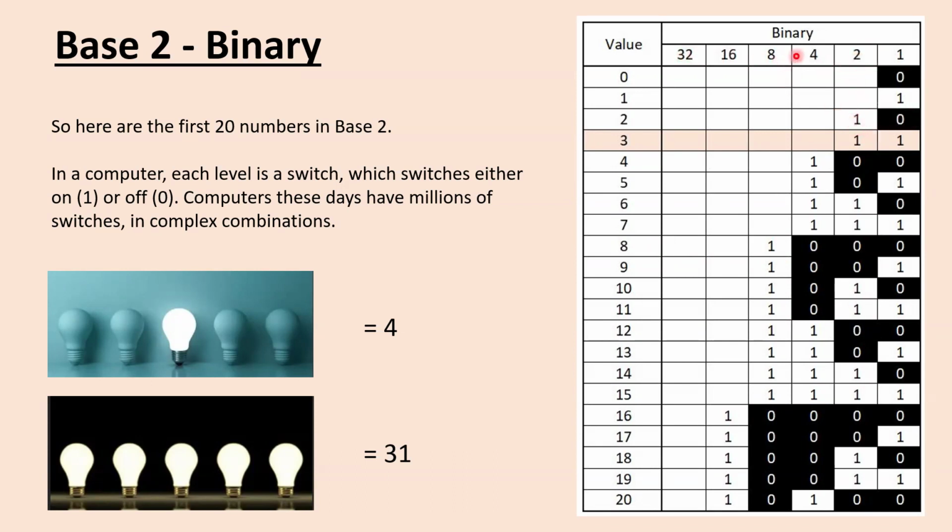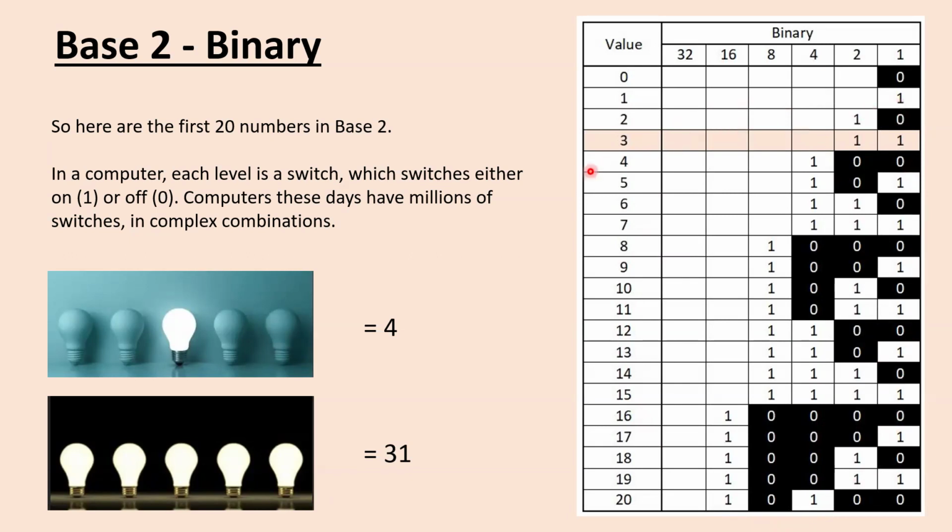You see 2 is 10, 4 is 100, 8 is 1000, 16 is 10000. So this is how binary works.